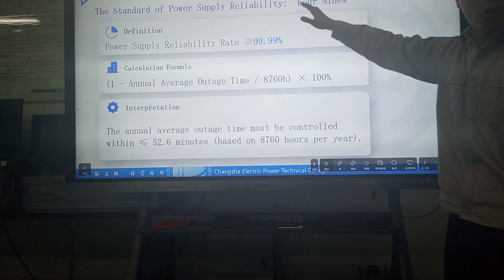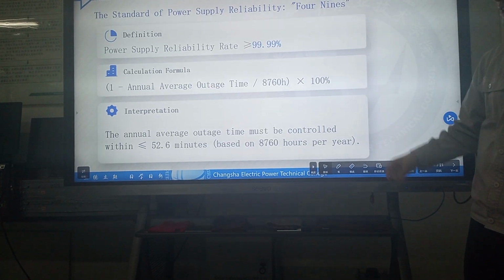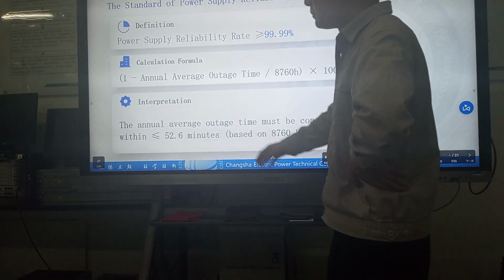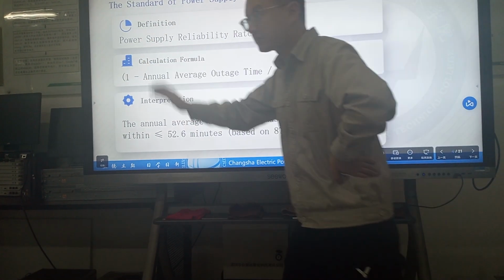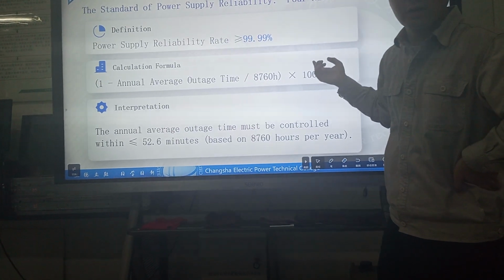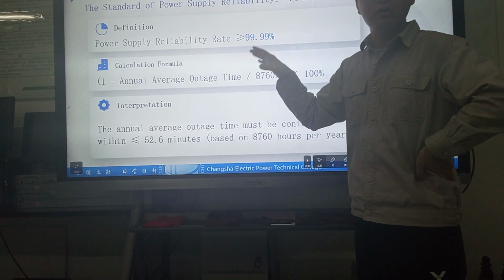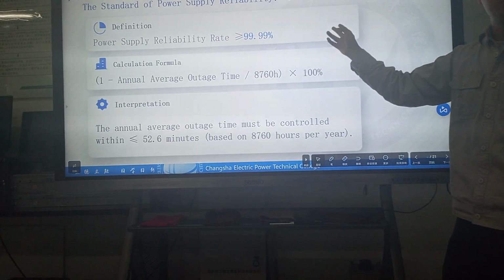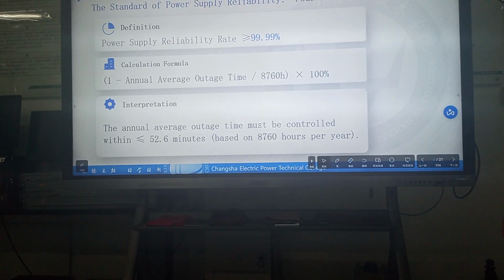We call it 4 nines. What is 4 nines? It means the reliability of power supply is above 99.99%. Okay.